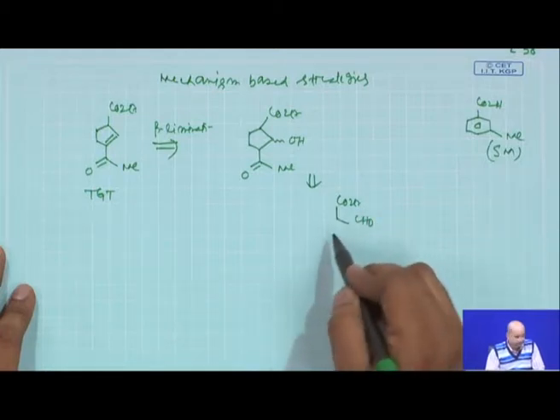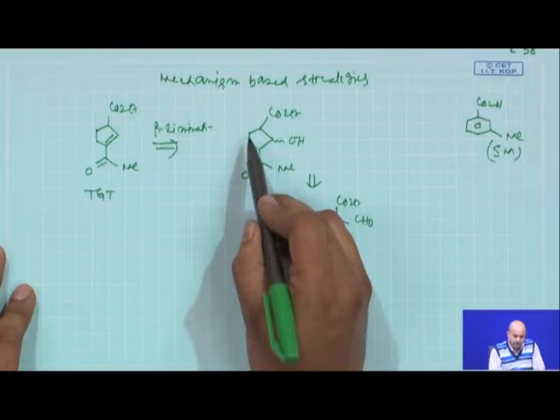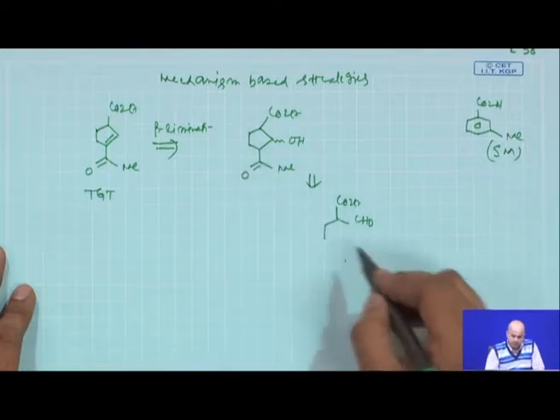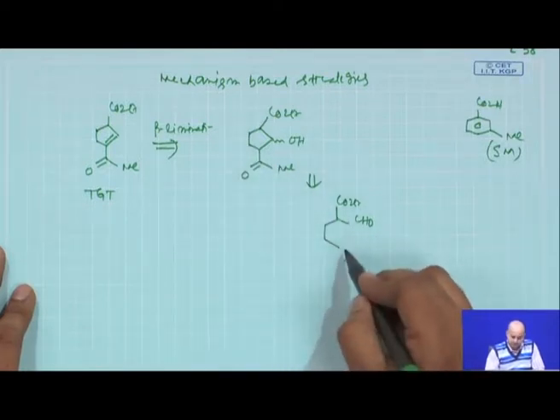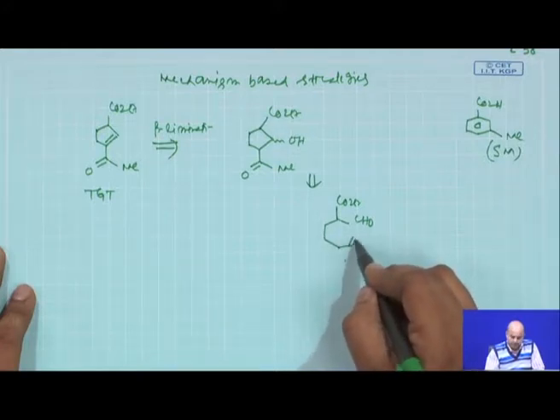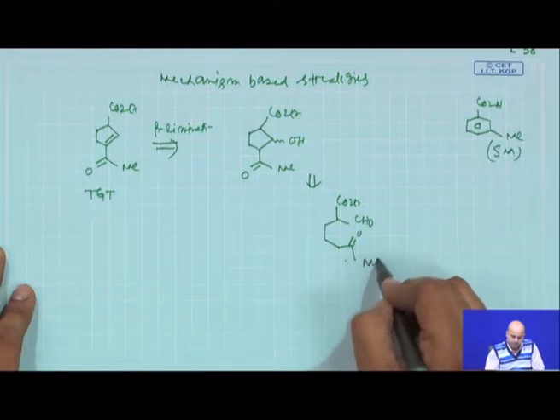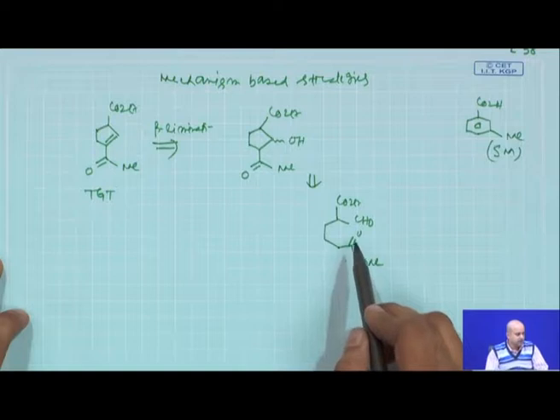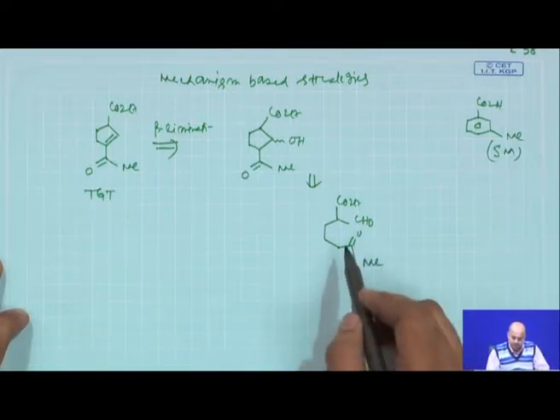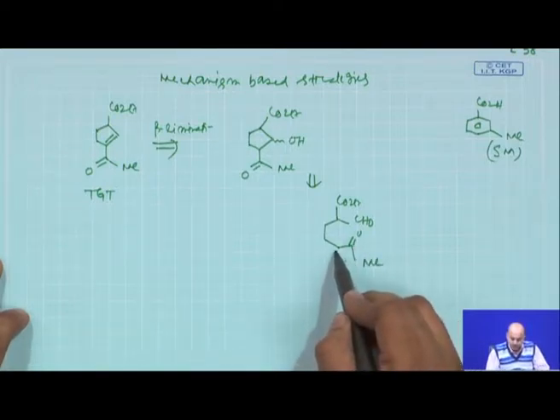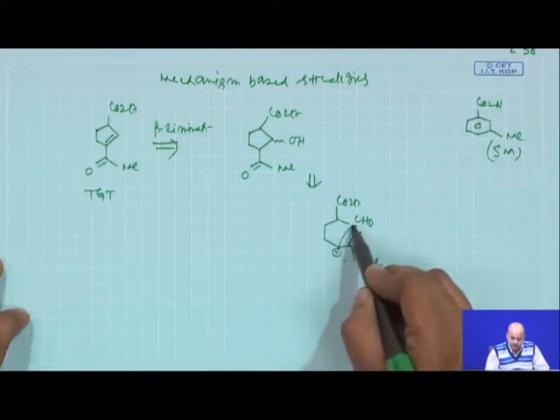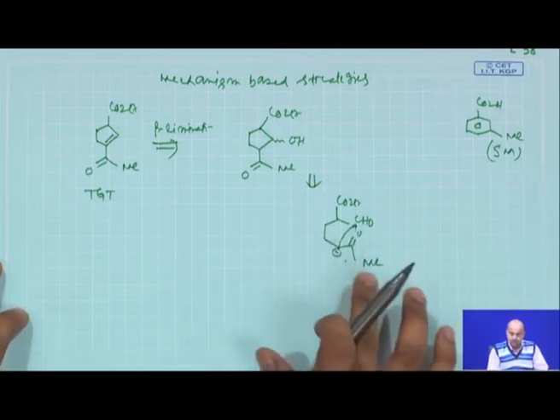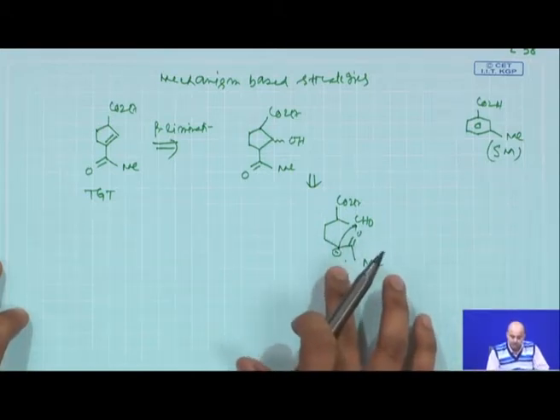So, you say if you are having a compound, you put CH2, CH2, CH2, 3 CH2 will be there, then methyl, and then this particular compound, you will be trying to have this anion which will be reacting here. Okay. Now, we will be coming to this a little bit later on.